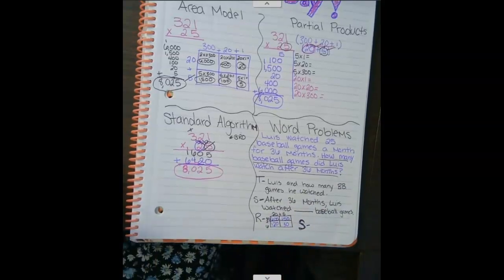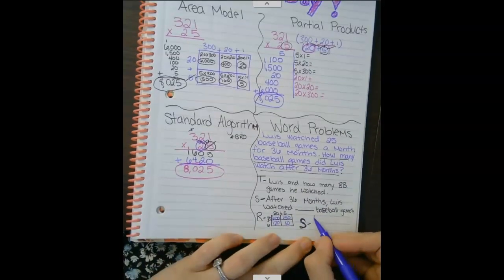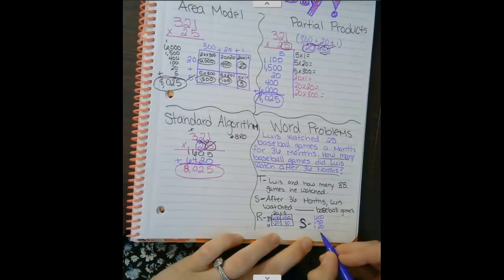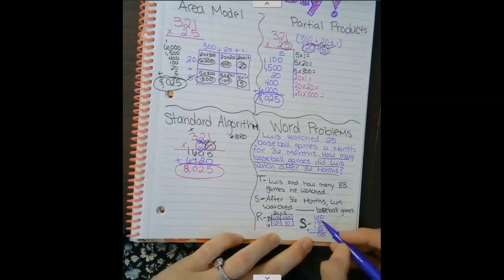Okay, and I would add up 600 plus 150 plus 120 plus 30. And I would get, this would be 0, this would be 5, 6, 7, 8, 9, 10. Drop my 0, carry my 1, and this would be 6, 7, 8, 9.